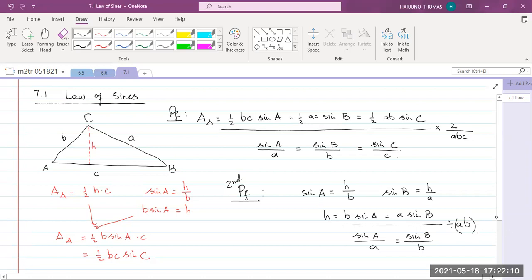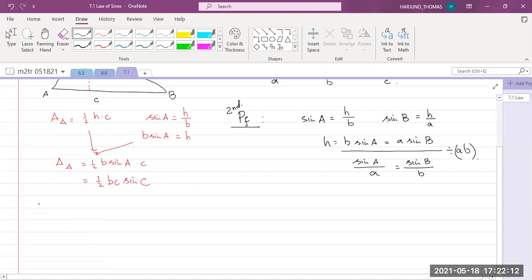Now, definition. A triangle consists of 6 parts, six components: angle A, angle B, angle C, side A, side B, side C. Those are the 6 components.